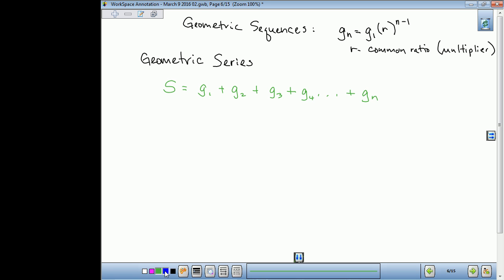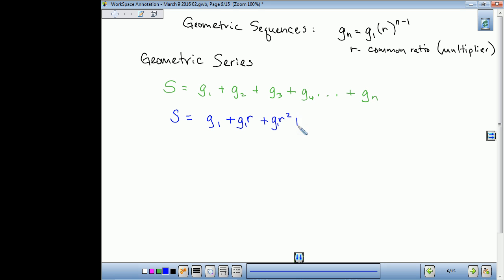Now, we could write this another way. The first term we can call g sub 1. Now, to get the second term, can't we just take that first term and multiply by a common ratio? Yes. And to get that third term, won't we take this one and multiply by another common ratio? So wouldn't it make it g sub 1 times r squared?